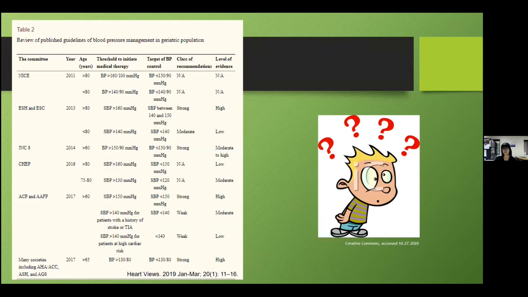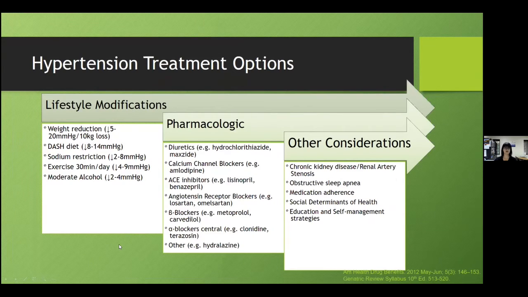And that question of where to start. With somebody who's moderately elevated, such as Mrs. T in this case at 145/85, based on all of the criteria, that's certainly an area of concern and something we should address. Do we need to start an antihypertensive right away at a level like that?